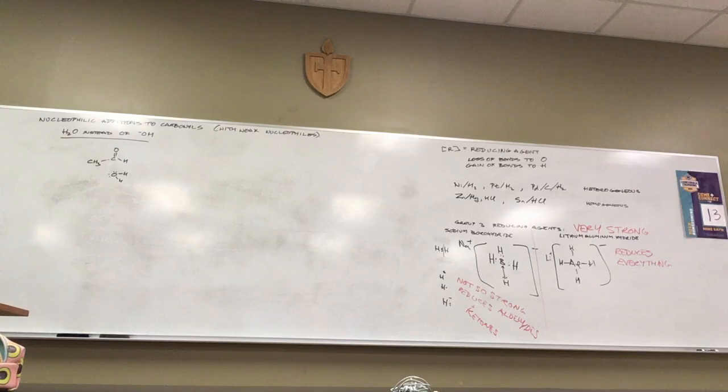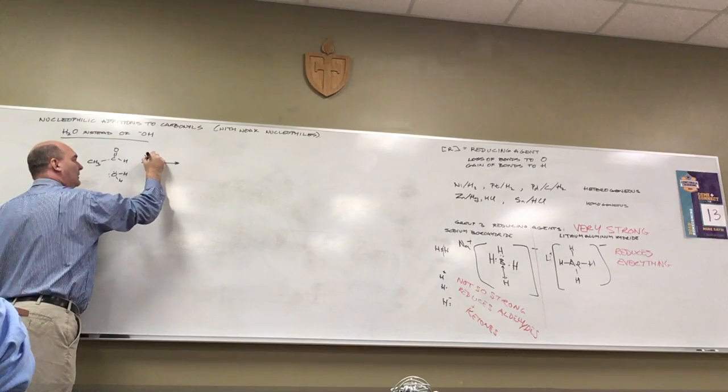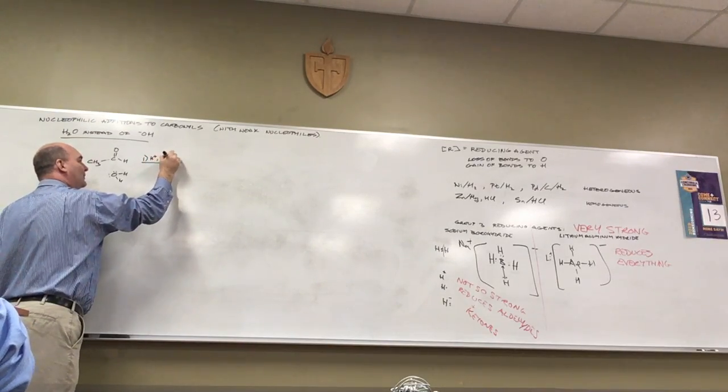What do you do to oxygens that won't behave, that won't do what it is that you want them to do? You protonate. So our first step is what we did in the last set of reactions as the last step. You add the acid up front here. One is you protonate.